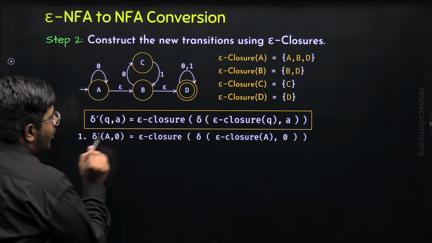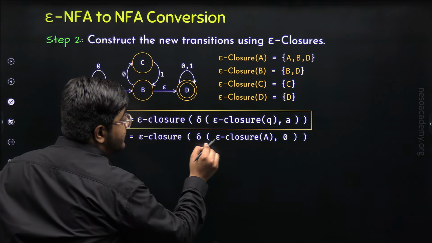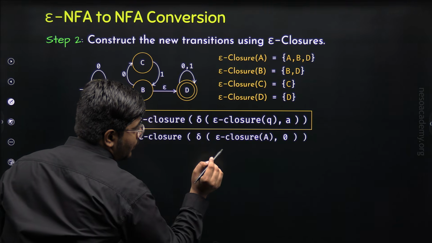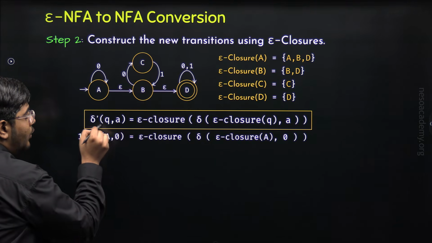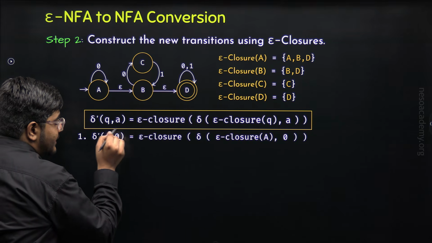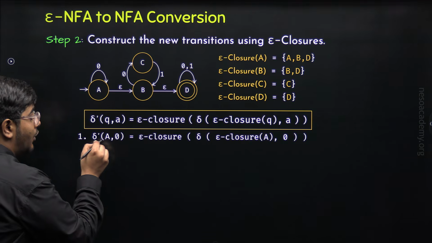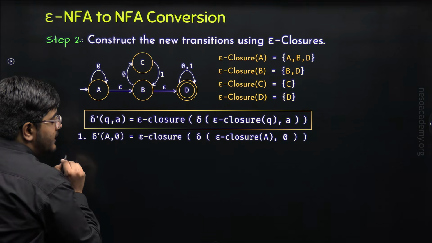Delta dash A comma 0 is equal to epsilon closure of delta epsilon closure of A comma 0. Now you can see Q is replaced by the state A and the symbol A is replaced by the symbol 0 because now we are calculating the new transition for the state A on input symbol 0.